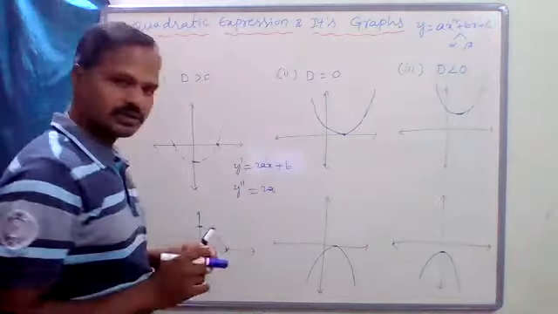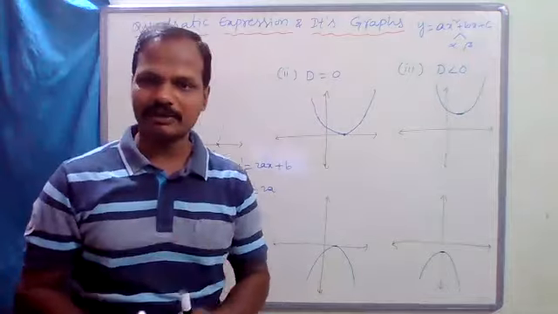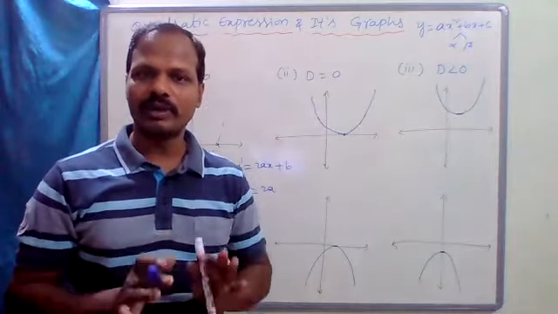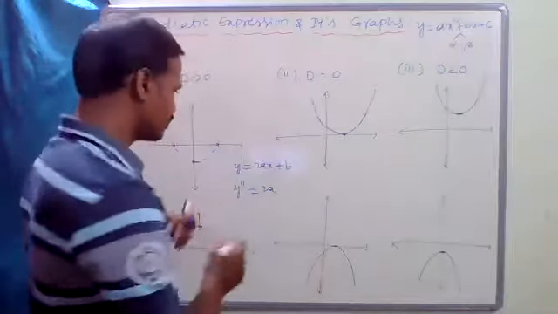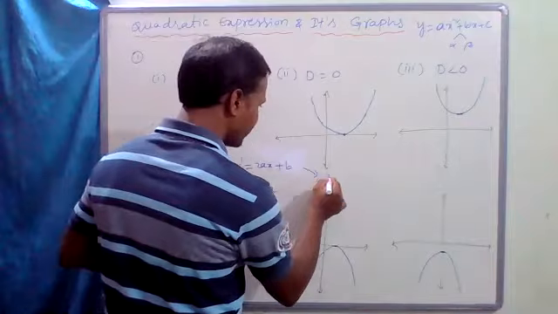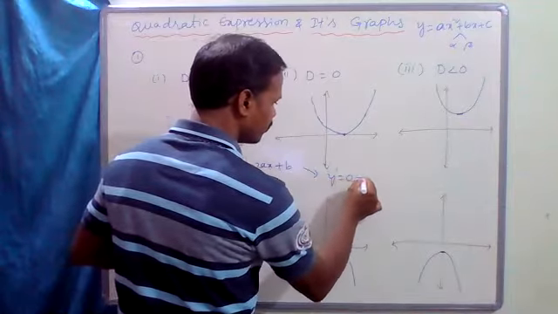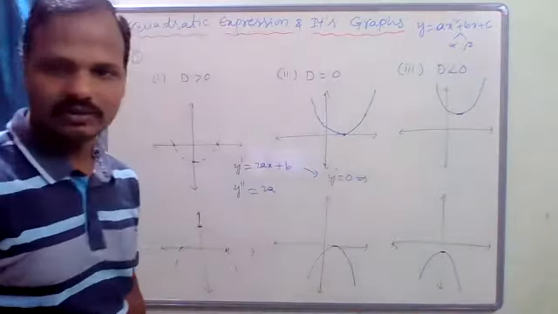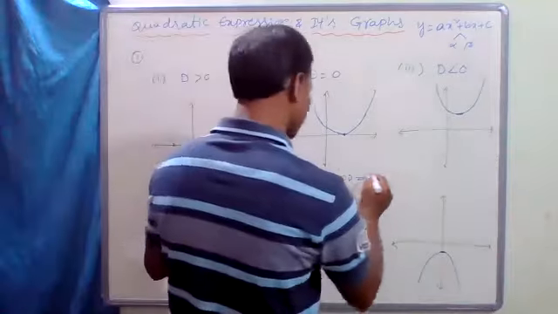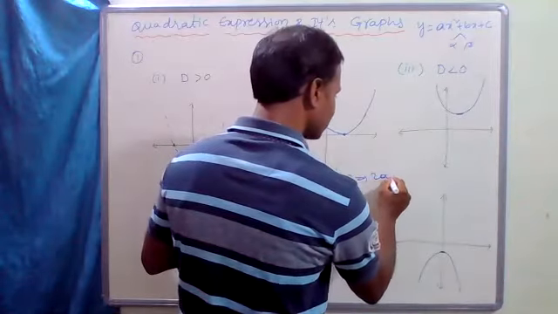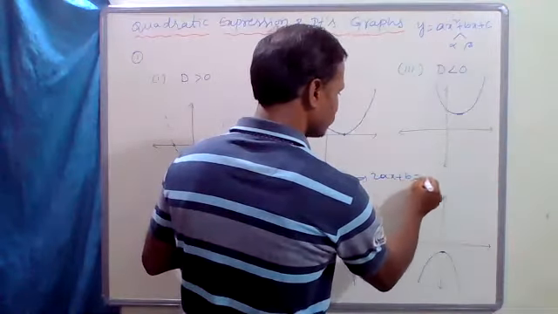So to get the maximum or minimum, we have to make the first derivative 0. If y dash equals 0, what will you get? 2ax plus b equals 0.